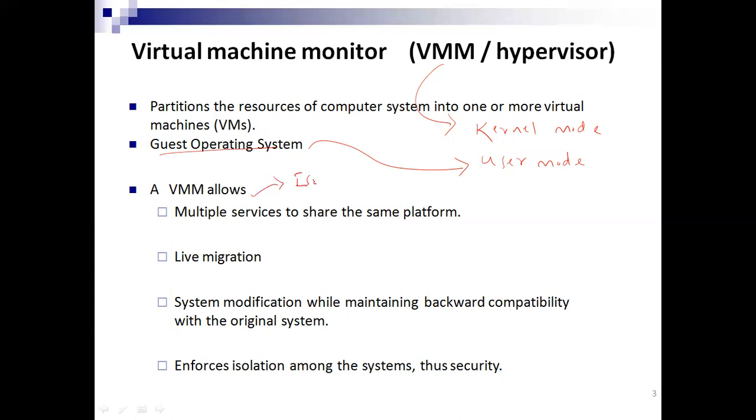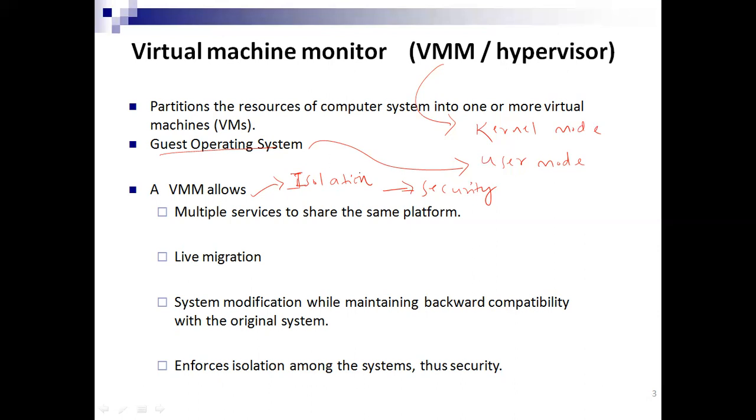Why does it enforce isolation among the system? To enhance the security. It enforces the isolation to enhance the security among the system.